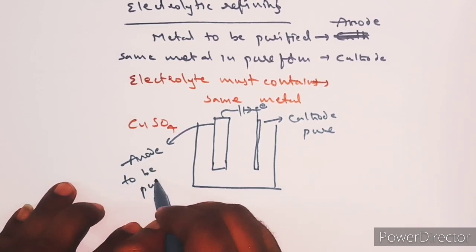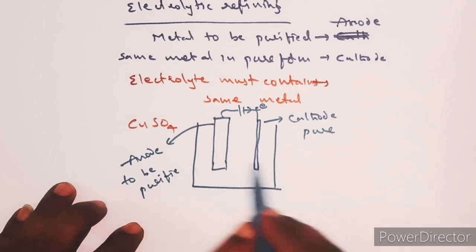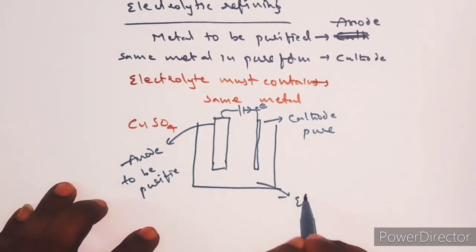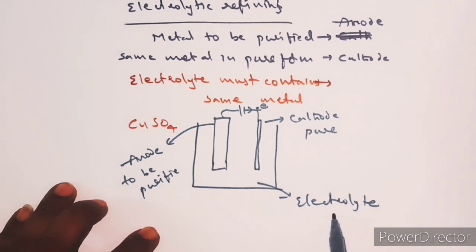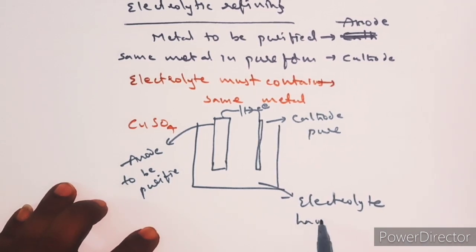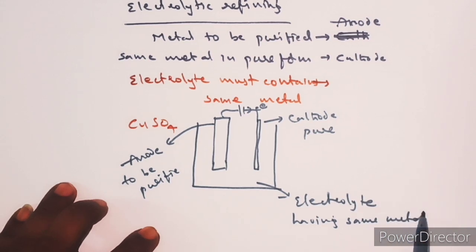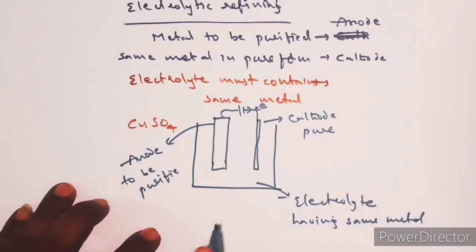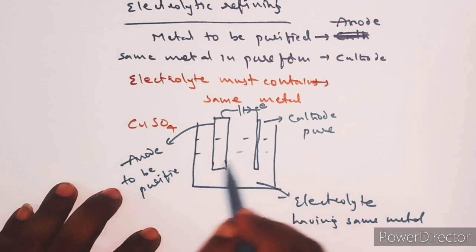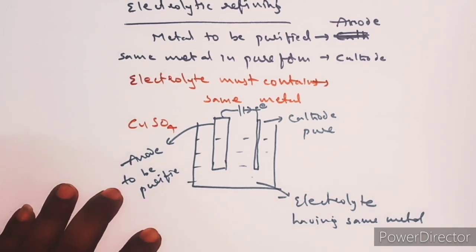And we have to take an electrolyte having the same metal. Clear now? Now generally what happens here, let us see that. At the anode, which reactions are taking place?